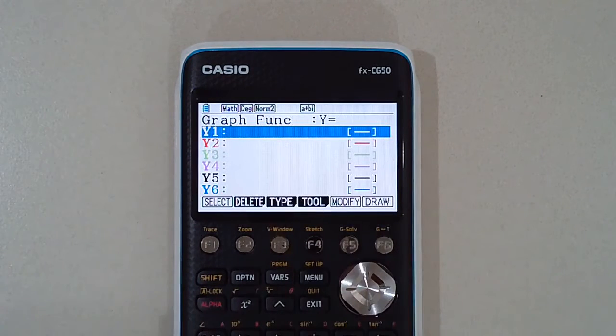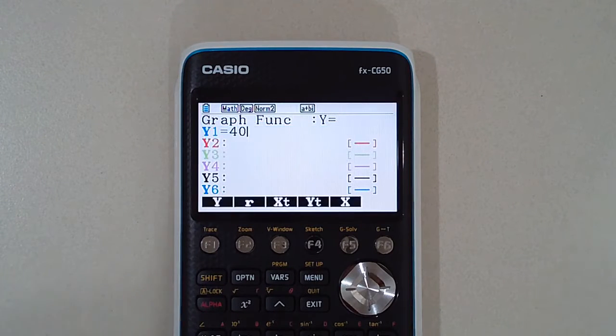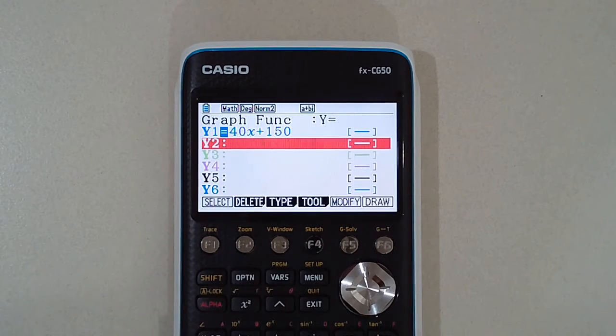And we're going to enter in the formula, C equals 40n plus 150, but we're going to use the variables x and y here to represent that. So let's type that in. I'm going to type it in as 40x plus 150, and press equals there to enter that in.